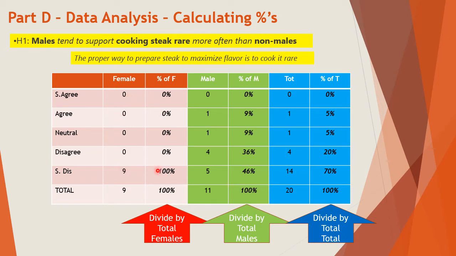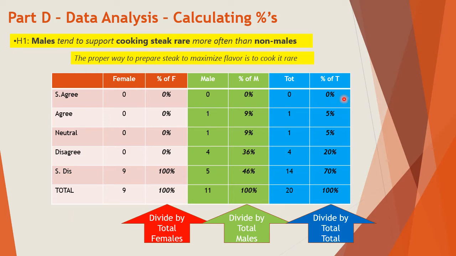So here we can see that 100% of females strongly disagreed. When we look at the males, we can see that 9% agreed, 9% had no opinion, 4% disagreed, and 46% strongly disagreed. And then here we're looking at the overall total.